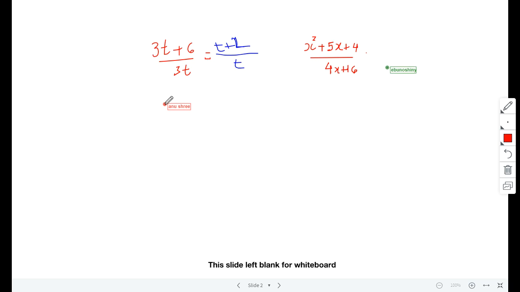So the very first thing is to factorize the numerator. Okay, so your final answer is x plus 1 divided by 4. Yes, that's correct.